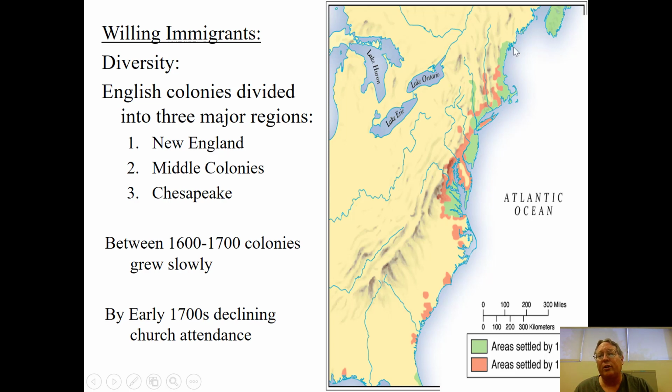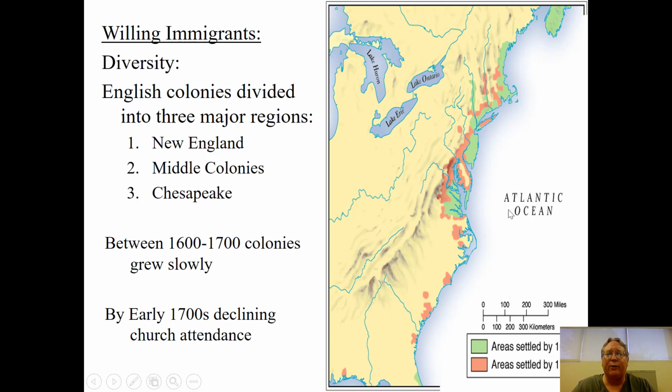Here's the New England region where they're starting to really spread out, and more Puritans are coming over all the time in this mass migration, right? But one thing we can say is there's a lot of space in between these colonies. There's almost nothing down here in the southern regions, right?